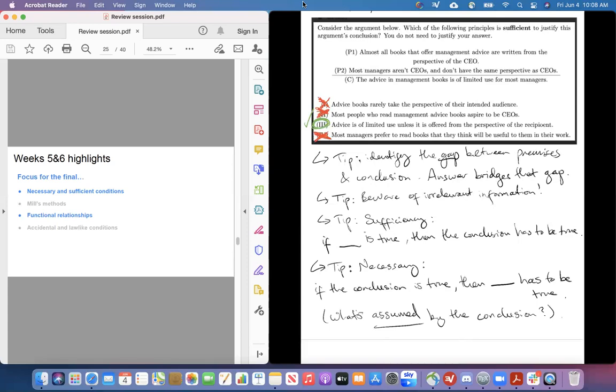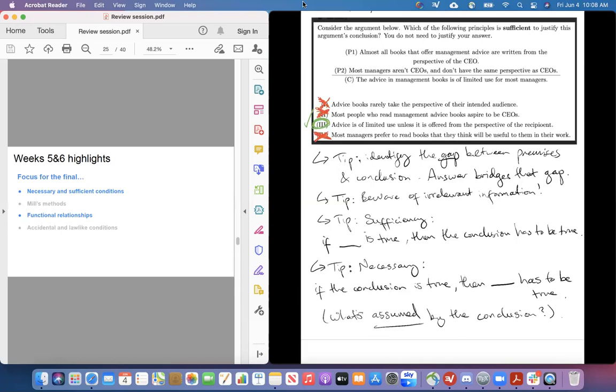Now, I said back at the beginning I would return to strengthen questions. My top tips that we've been through here for sufficiency are kind of the same tips I would give you if you're asked which of these following principles strengthens this argument, or justifies this, or supports this argument's conclusion.